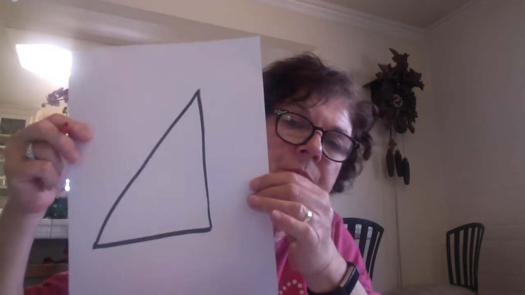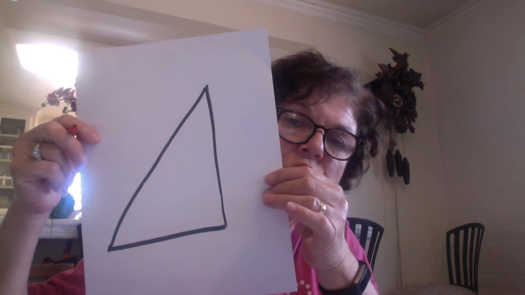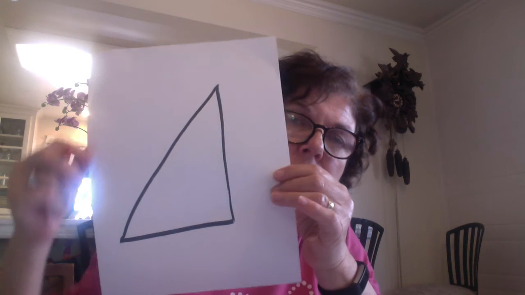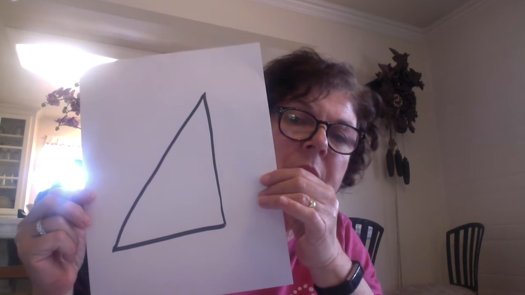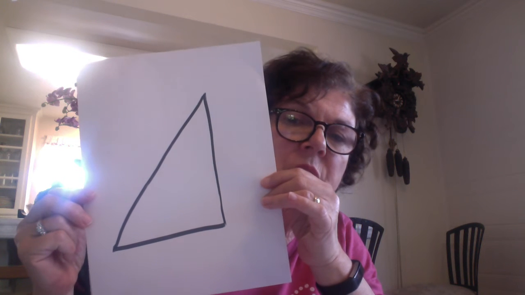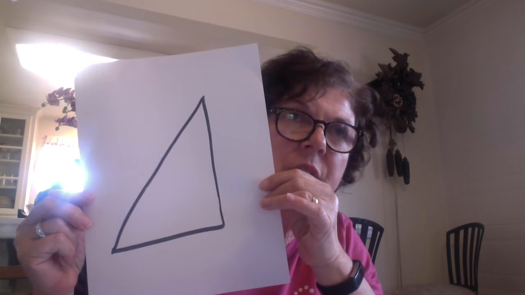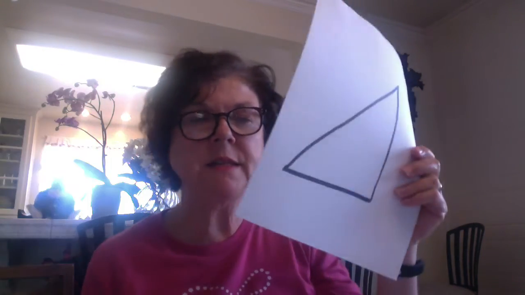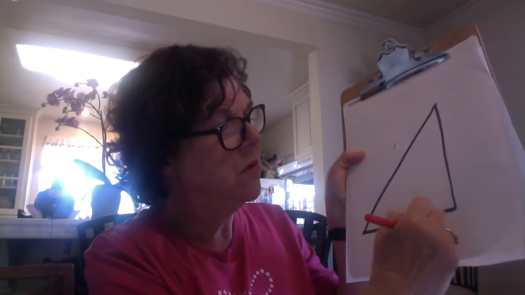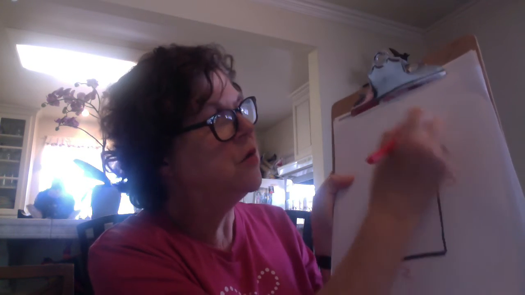And I have another shape I hope you're going to recognize. You recognize this shape? It is a triangle. The prefix tri means 3. Think about a tricycle. It has 3 wheels, so that's another tri. So it says how many sides? Let's look at it. How many sides? 1, 2, 3. Triangle.